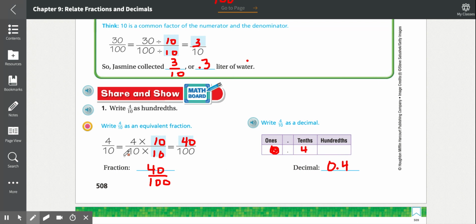To convert 4 tenths to an equivalent fraction with a denominator of 100, you must multiply both the numerator and denominator by 10. Okay. So on your own, please complete lesson page 509 and 510. Thank you.